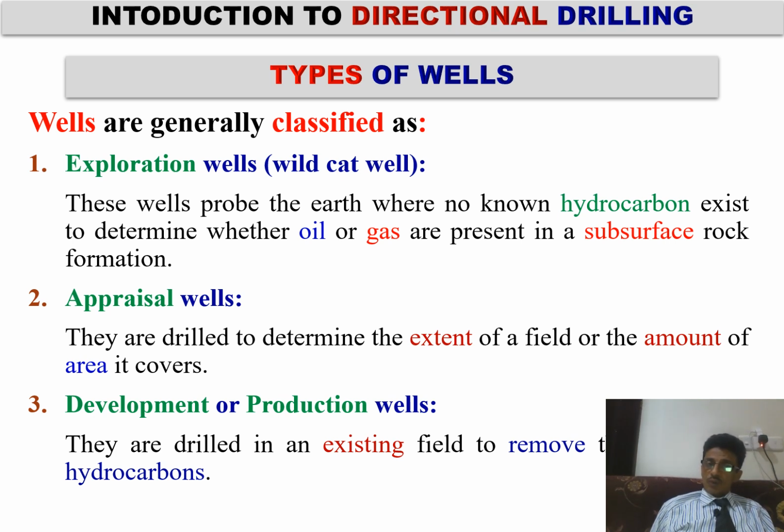Appraisal wells are drilled to determine the extent of a field or the area it covers. Development wells or production wells are drilled in an existing field to remove the hydrocarbon or to bring the hydrocarbon to the surface.